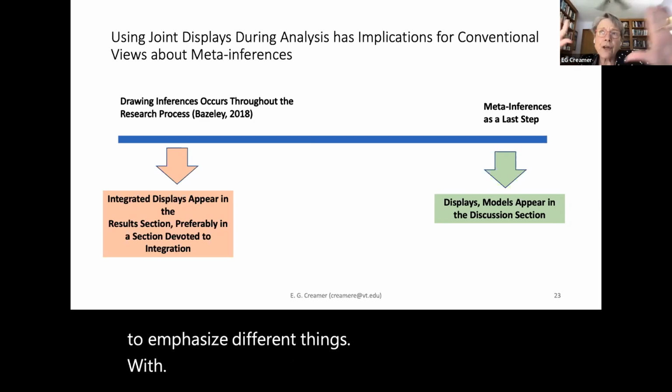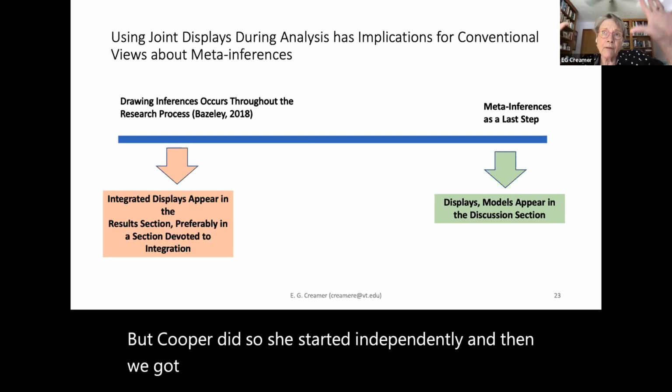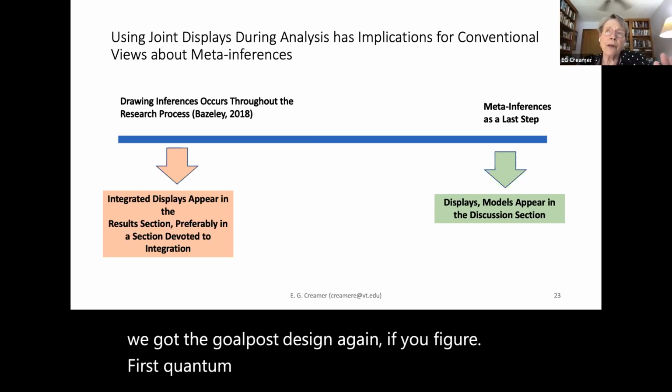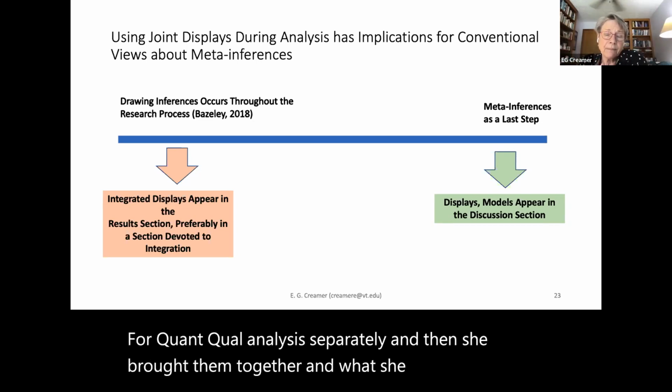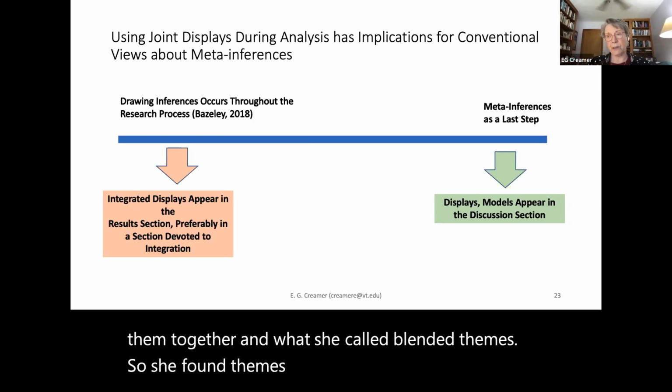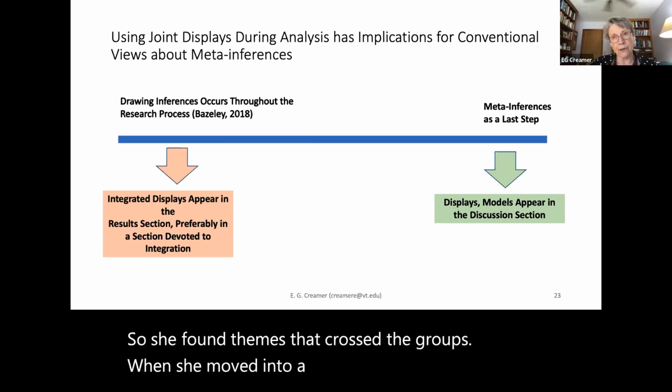What Cooper did, she started independently, and then we got the goalpost design again. She did the quant and qual analysis separately, then she brought them together into what she called blended themes. So she found themes that cross the groups when she moved into a more integrated analysis.